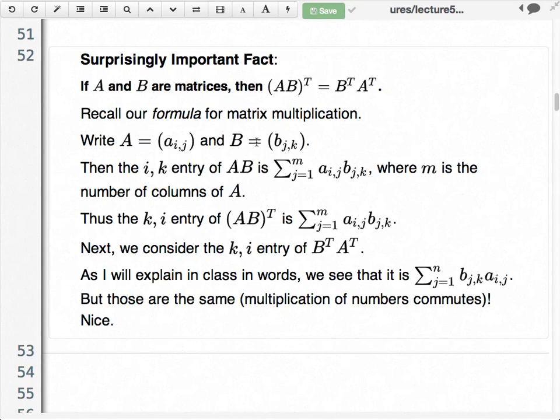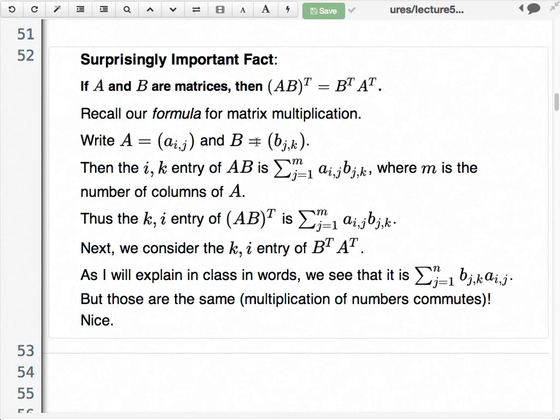Does this sum look anything like that sum to you? It worked. The only difference is that this product is in the other order. But that doesn't matter because these are just numbers for which the order of the product doesn't matter. So these are equal.